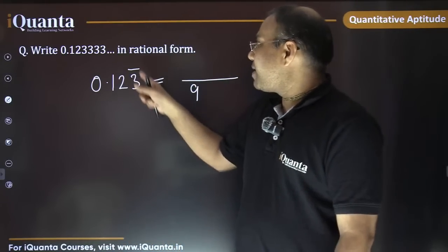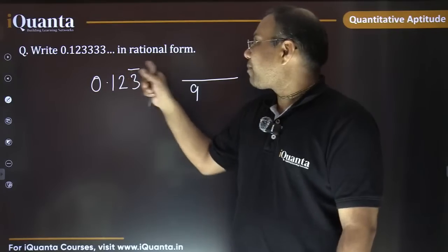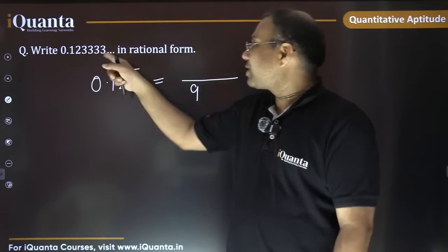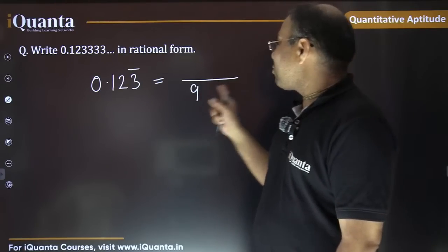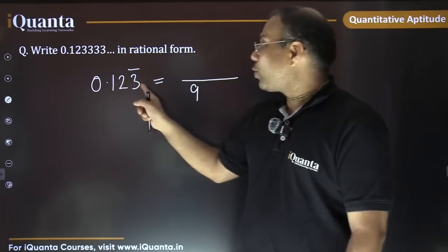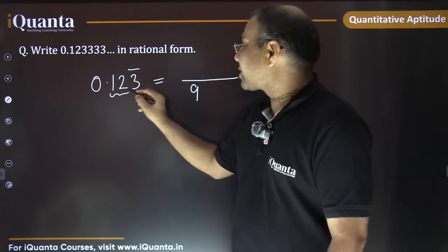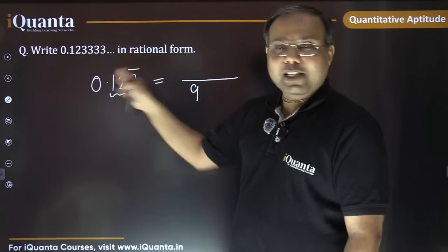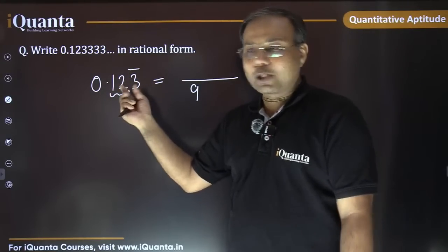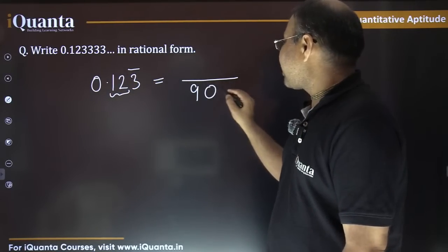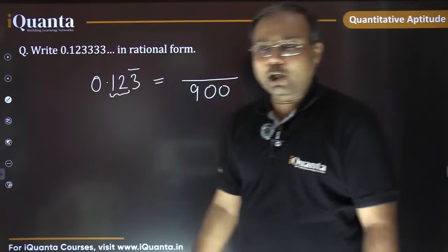Because in this repeating block, there is only one digit. This 3 is repeating only. So there will be exactly 1 9 in the denominator, and it will be followed by 2 zeros because there are 2 digits outside this repeating block. Right? Between the decimal and the repeating block, there are exactly 2 digits. So there would be 2 zeros at the end. So 900 is the denominator here.